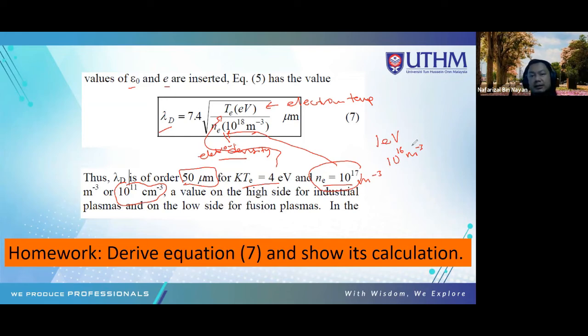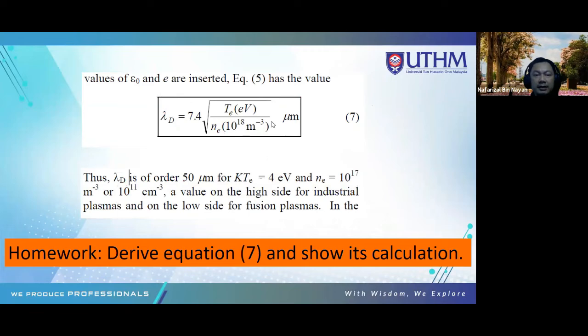Then we can know the distance of the particles moving inside the plasma. I put this as homework. Maybe you can try to derive this equation 7 from the previous one. You can just substitute the values of epsilon and the electron charge here.